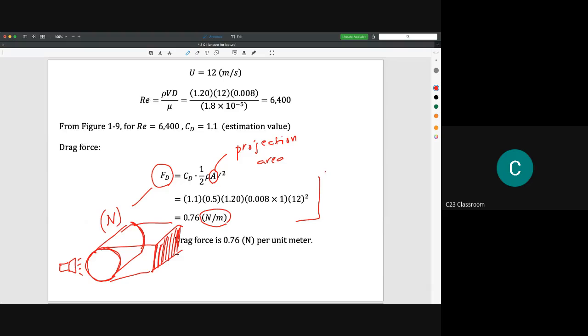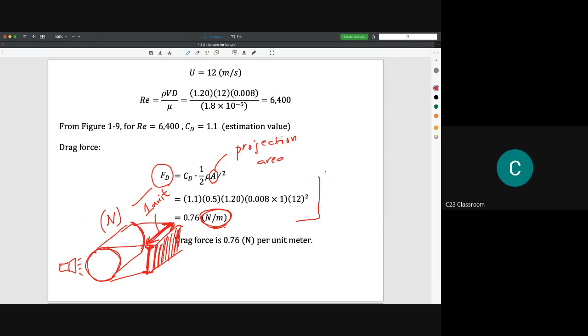The projection area is the height, meaning the diameter of the cylinder, times the length of the cylinder. However, to make this calculation useful for many people, we take the length as 1 unit, meaning we divide the answer by its own width. That's why the answer here is Newton per meter.